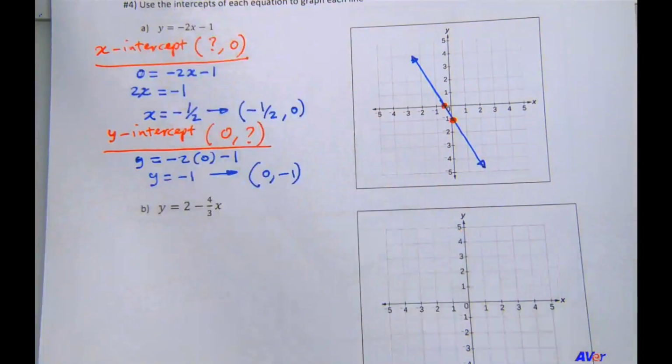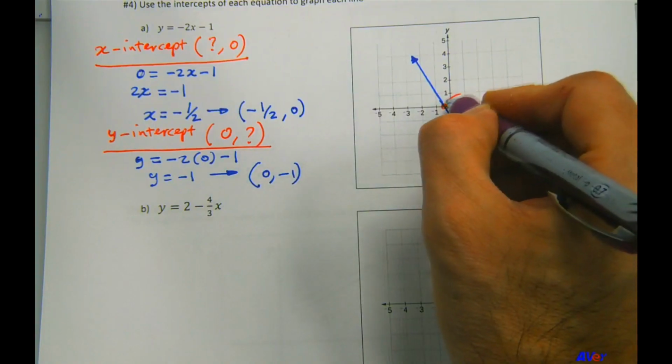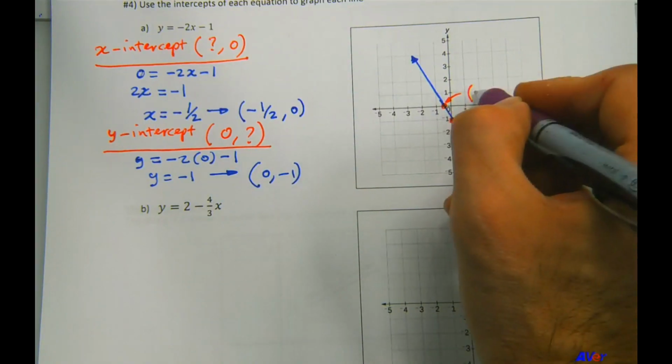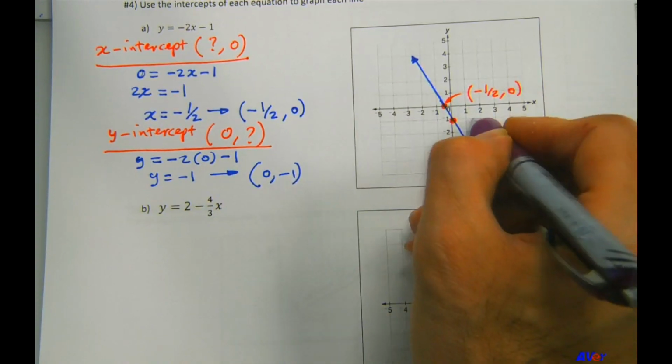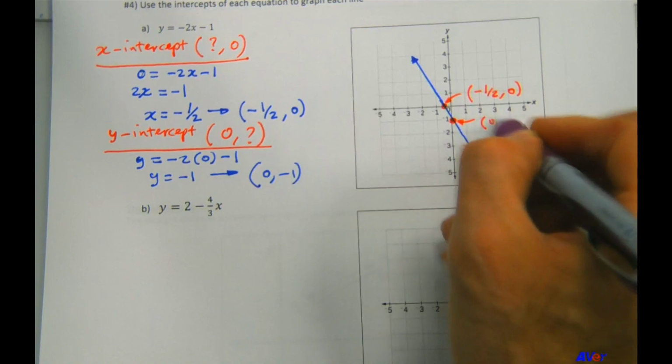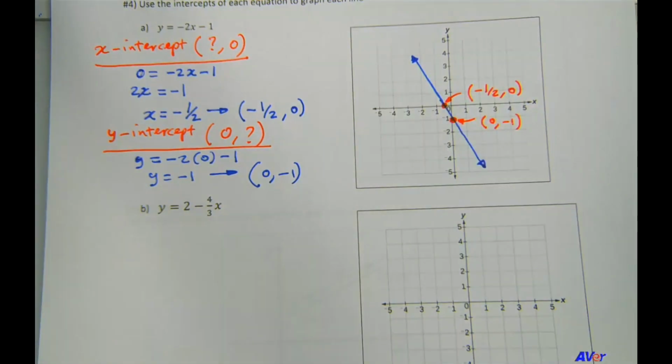Like that. If you like, I can label these. That point is negative 1/2, 0. That point is 0, negative 1. The x and the y intercepts.